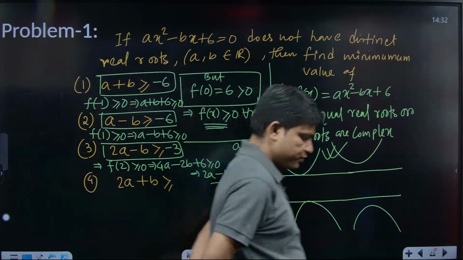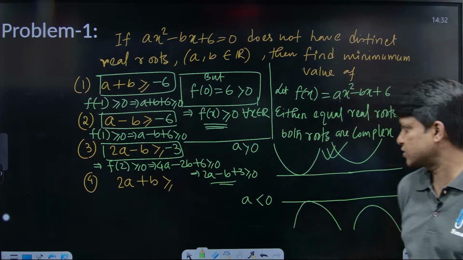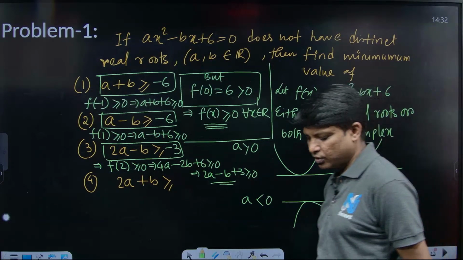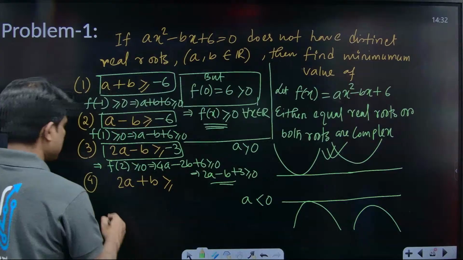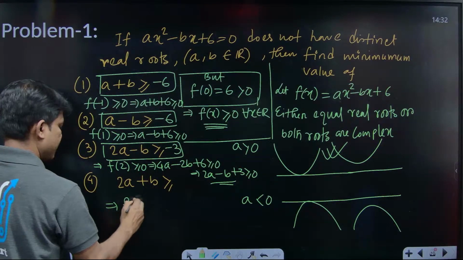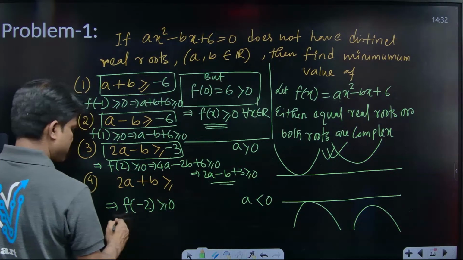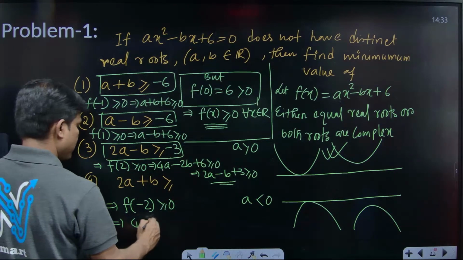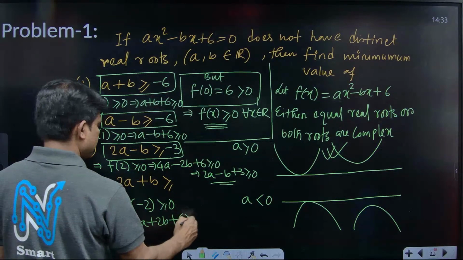2a plus b: just put x equal to minus 2, because we need the positive coefficient of b. So put x equal to minus 2, because f(x) is always a positive quantity. That means f of minus 2 is greater than or equal to 0. f of minus 2 means 4a plus 2b plus 6 is positive.